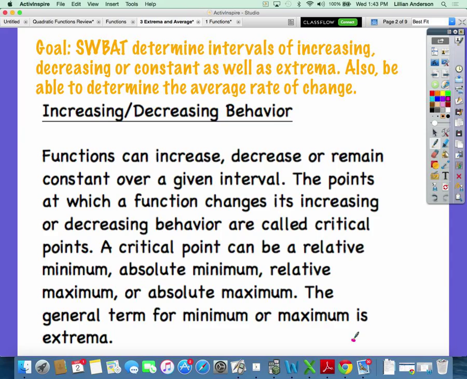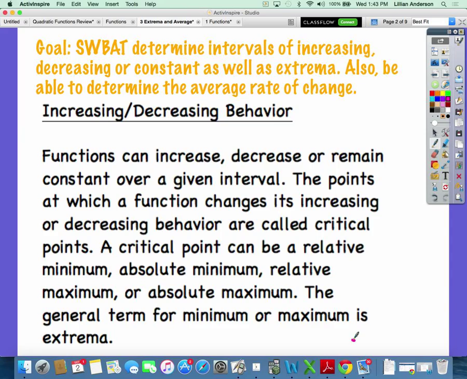This max right here is relative. This right here, it's not a max, it's a what? It's a min, and is it absolute or relative? It's relative. It's not absolute because you see these ends right here? They keep going. So technically, those ends are the lowest point, not that min there.